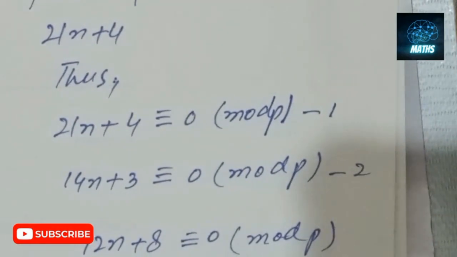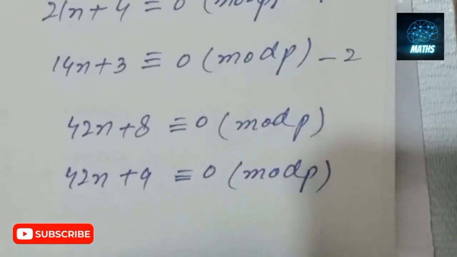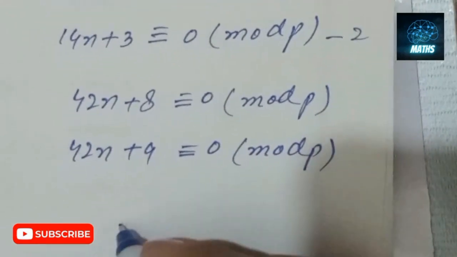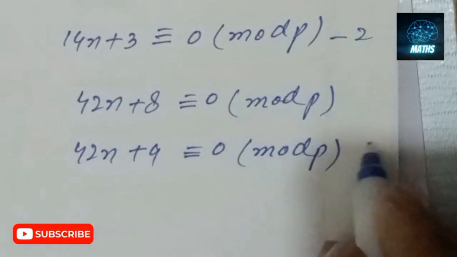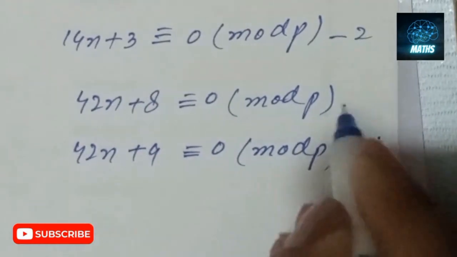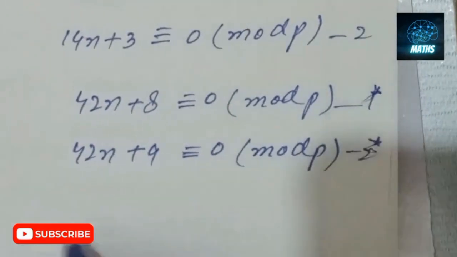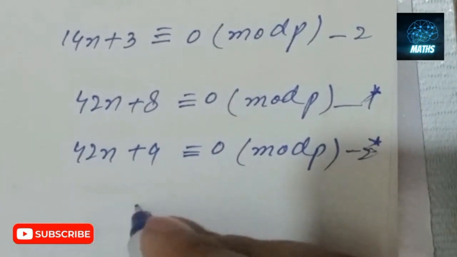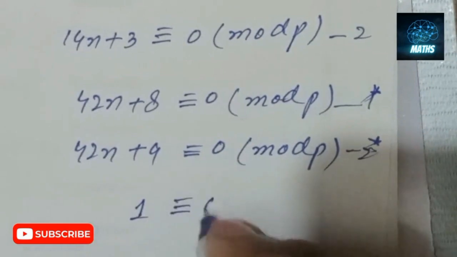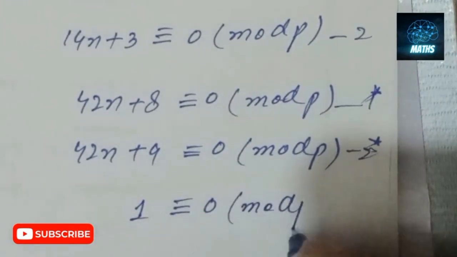Now I'm going to subtract the second equation from the first equation. If I subtract the second from the first, I get 1 is congruent to 0 mod p.